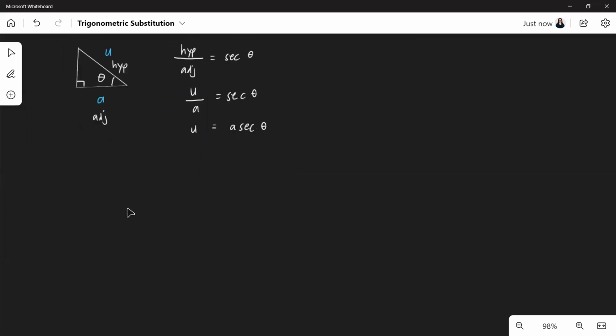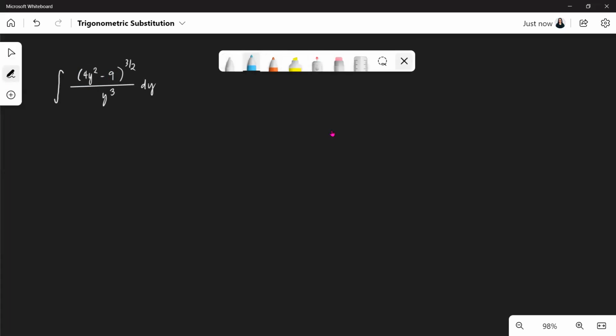So for example, we have the integral of 4y squared minus 9, quantity raised to the power 3 halves, all over y cubed dy. It's a difference of a function of y being squared and a constant being squared.